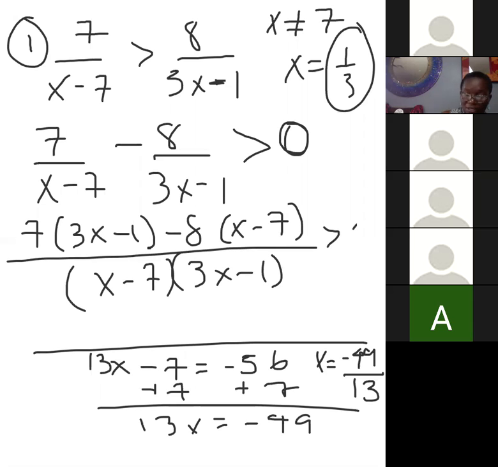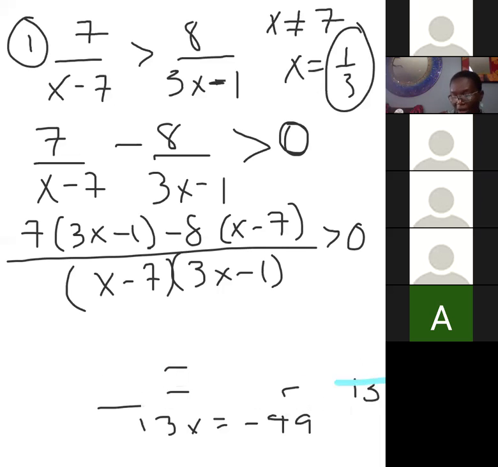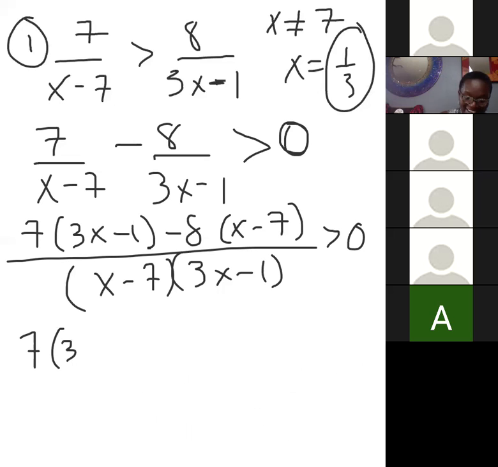I know what you guys are saying, but wait a minute, this is so complicated. And so once you have it in this format right here to solve the problem, guys, all you have to do is take the numerator and set it equal to 0. Look at that. Takes you right back to where you were.